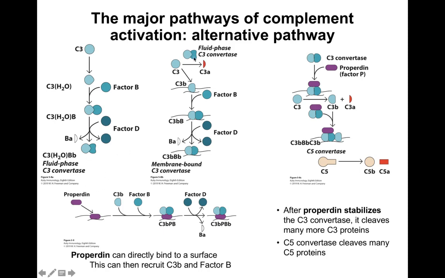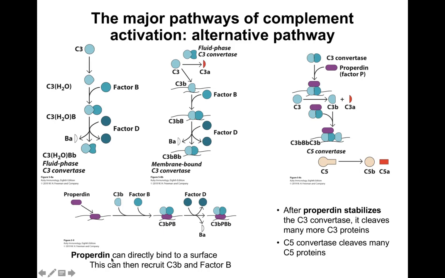Similar can happen on the surface of a cell. You can also get this stabilized by properdin, or factor P. And once you get that, you can get a stable C3 convertase, an enzyme that will function a lot longer.